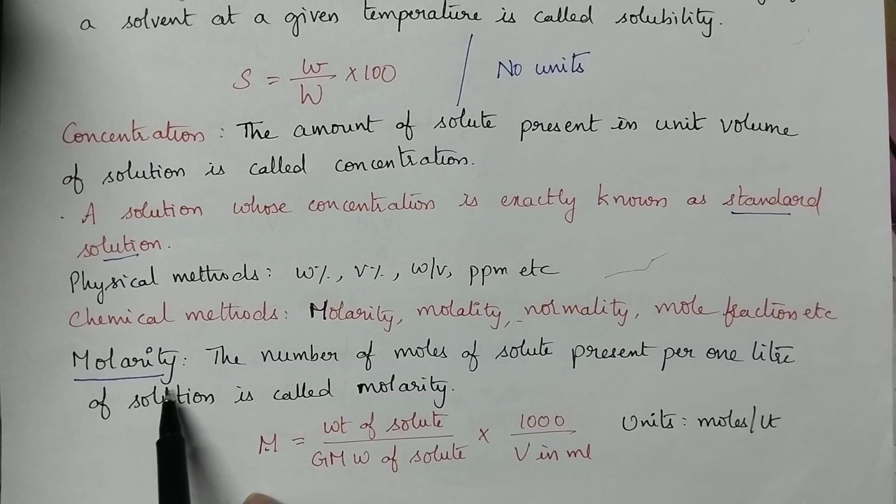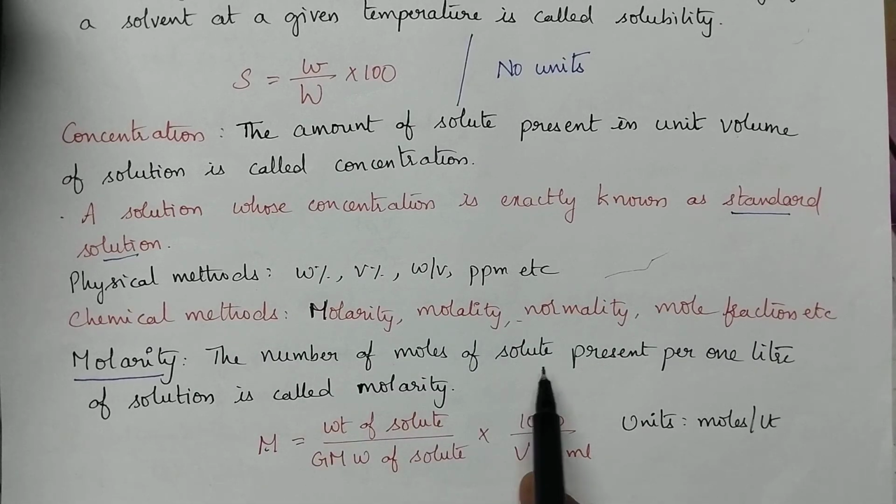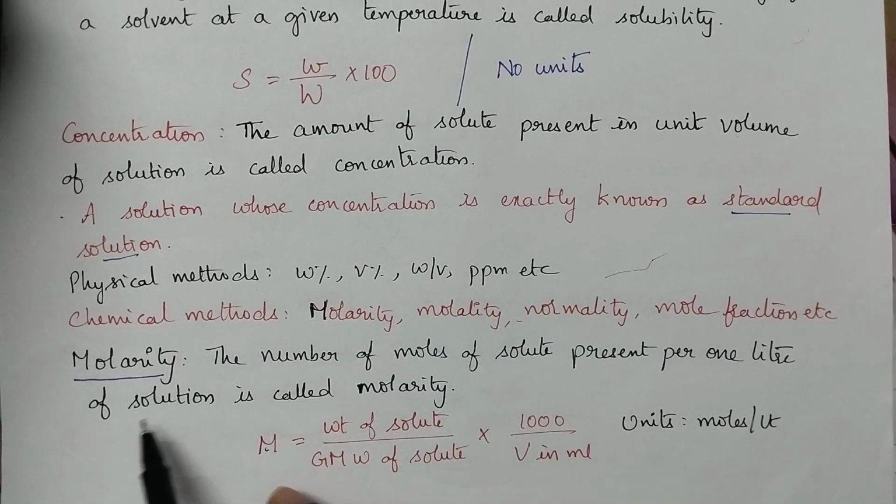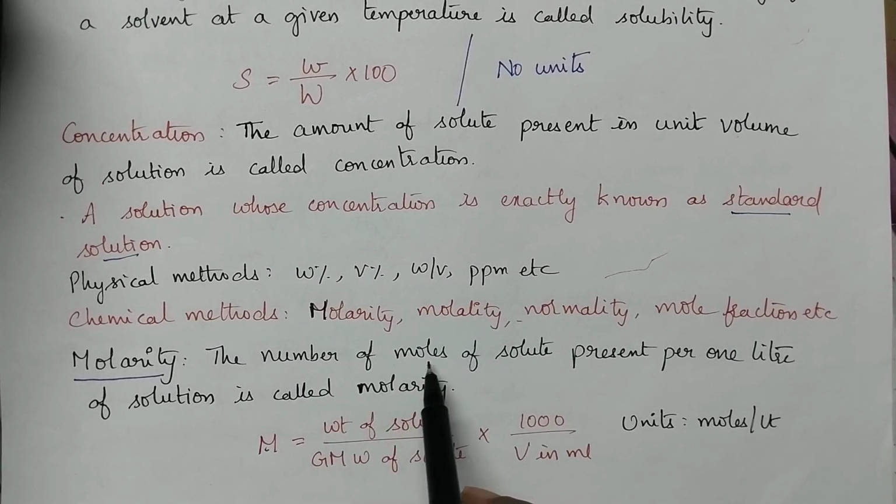Coming to the molarity, the number of moles of solute present per 1 liter of the solution is called molarity. It is the ratio between the number of moles of the solute to the volume of the solution in liters. The number of moles can be calculated by using the formula weight of the solute divided by gram molecular weight of the solute.